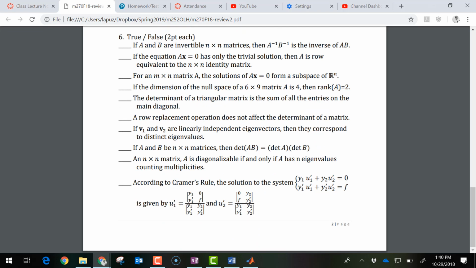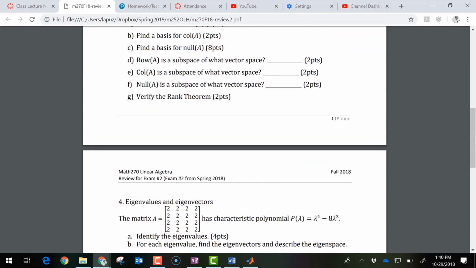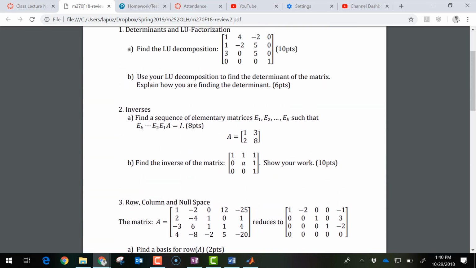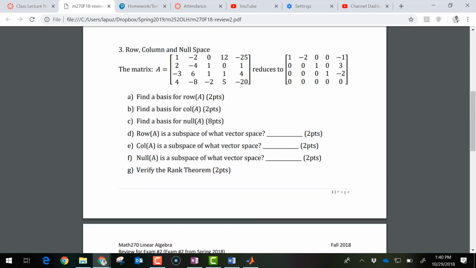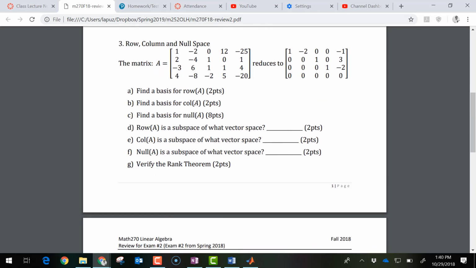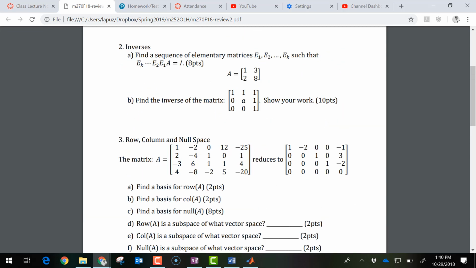We did talk about Cramer's rule, right? Yeah. All right. So, which of these do you guys want to do in sort of detail? 3. I don't think we'll have time to do all of them.